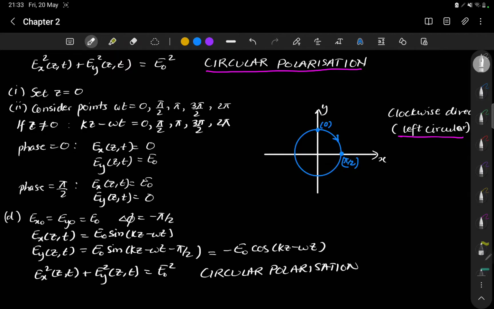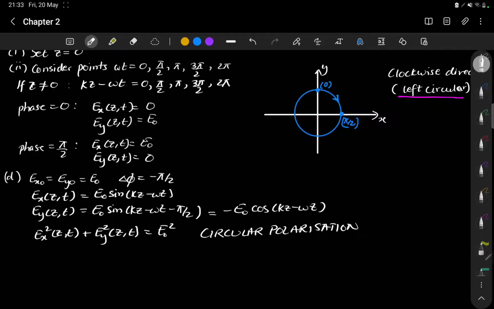Now we need to check the handedness. So consider phase equal to 0. Phase is this term kz minus omega t, the argument of the sine or the cosine function. So for phase equal to 0, we have Ex equal to 0, Ey equals to minus E naught.